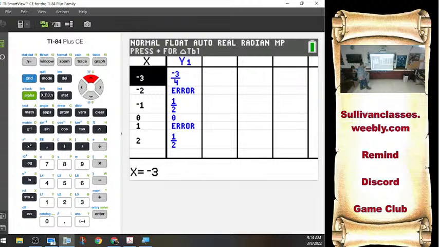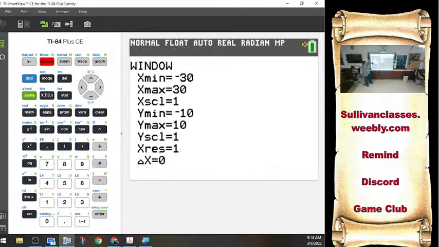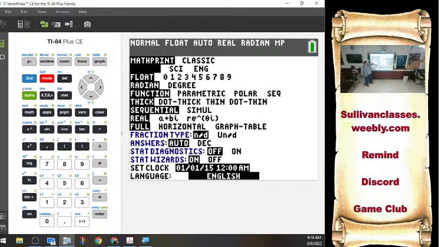Now I want to show you, these are written as fractions because right now my mode is set to auto. I type it in as a fraction, it gives me a fraction. I type it in as a decimal, it gives me a decimal.